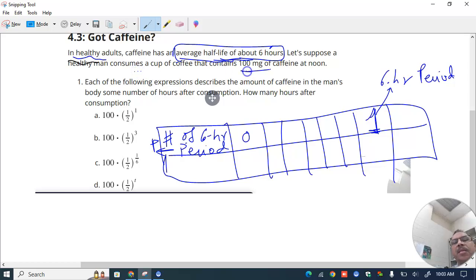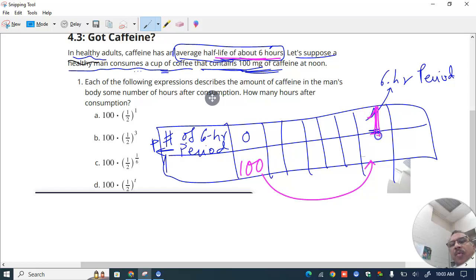So in the beginning, it says, let's suppose the healthy man consumes a cup of coffee that contains 100 milligrams. So in the beginning, there is 100 milligrams here. And then this 100 milligrams, a half-life of 6 hours basically means after 6 hours pass, that means one group of 6 hours passes, it becomes half.